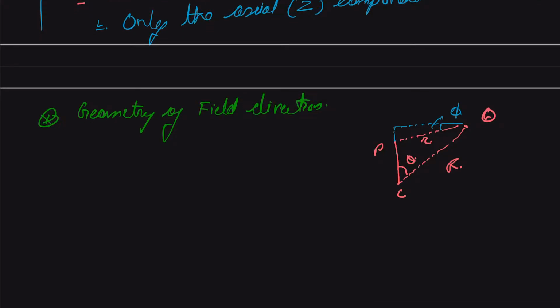In shorter terms, we assume that the field is making an angle phi below the horizontal.